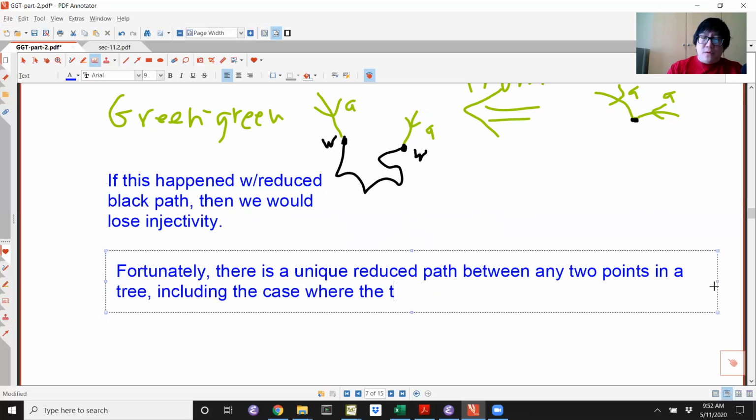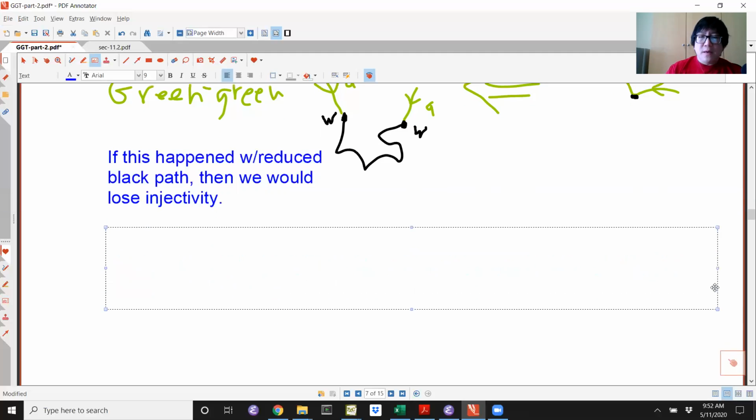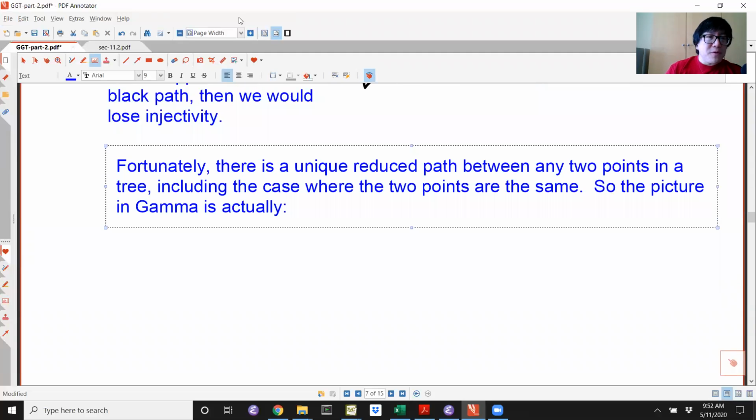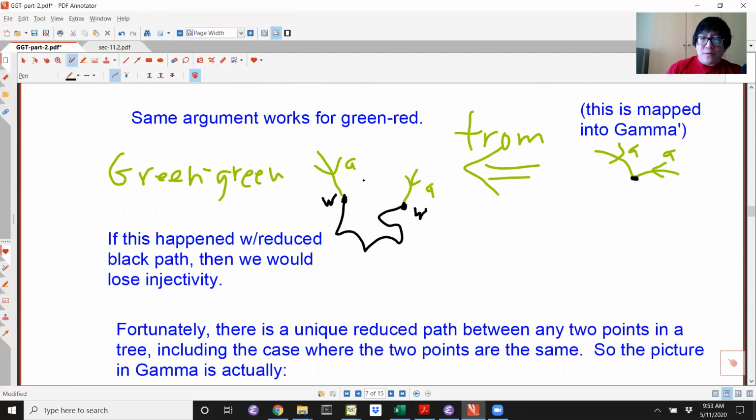So the left-hand side of that diagram, the picture in gamma, what is really going on there? What's really going on is actually this black path.